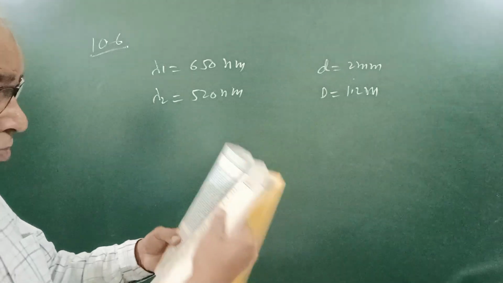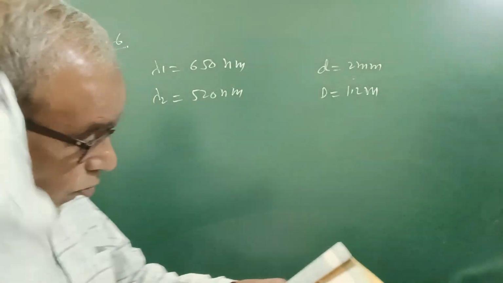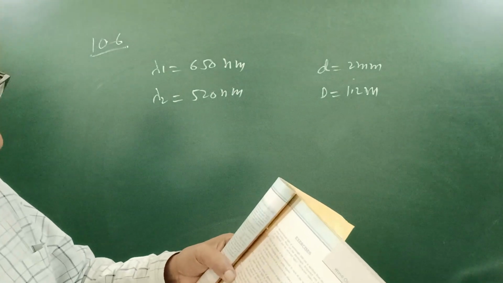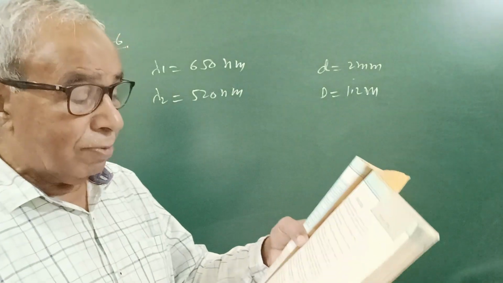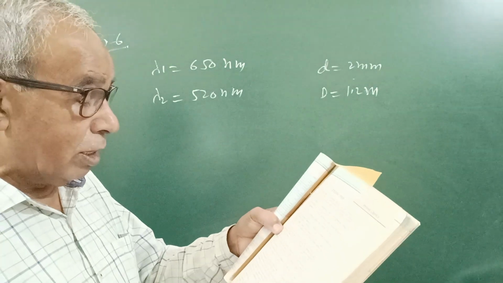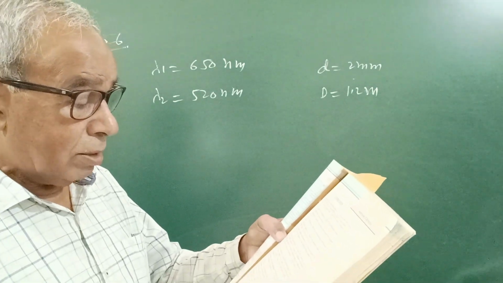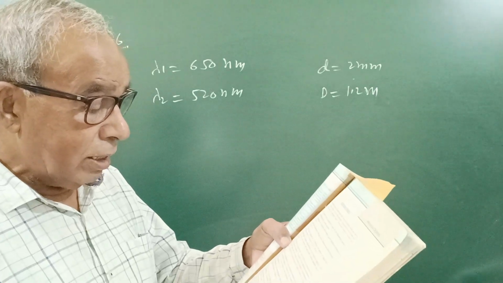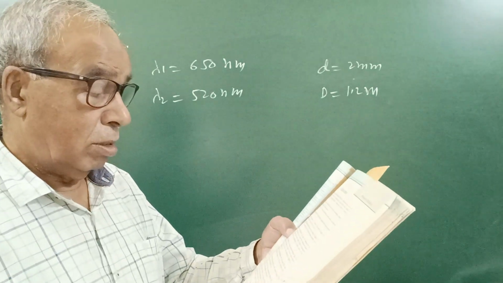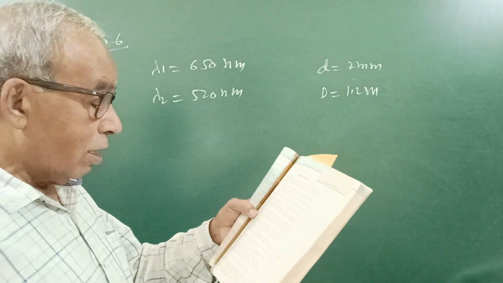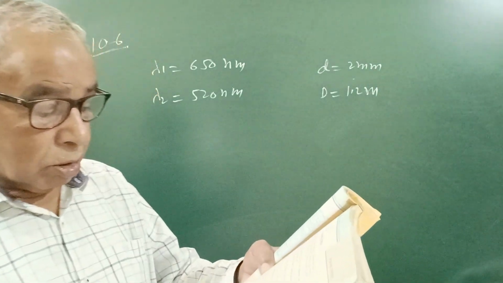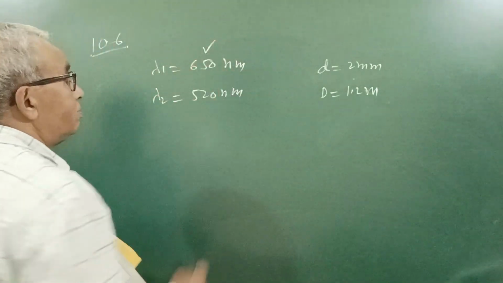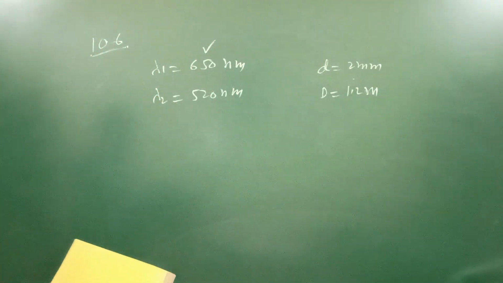So a beam of light consisting of two wavelengths, 650 and 520 nanometer, is used to obtain interference fringes in Young's double-slit experiment. Find the distance of the third bright fringe on the screen from the central maximum, for wavelength 650 nanometer. The first question is simple.